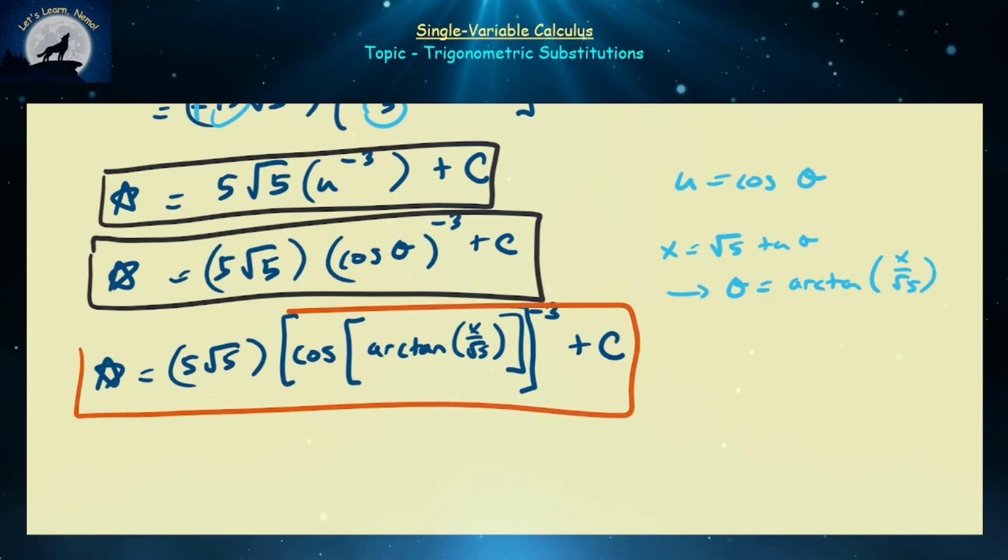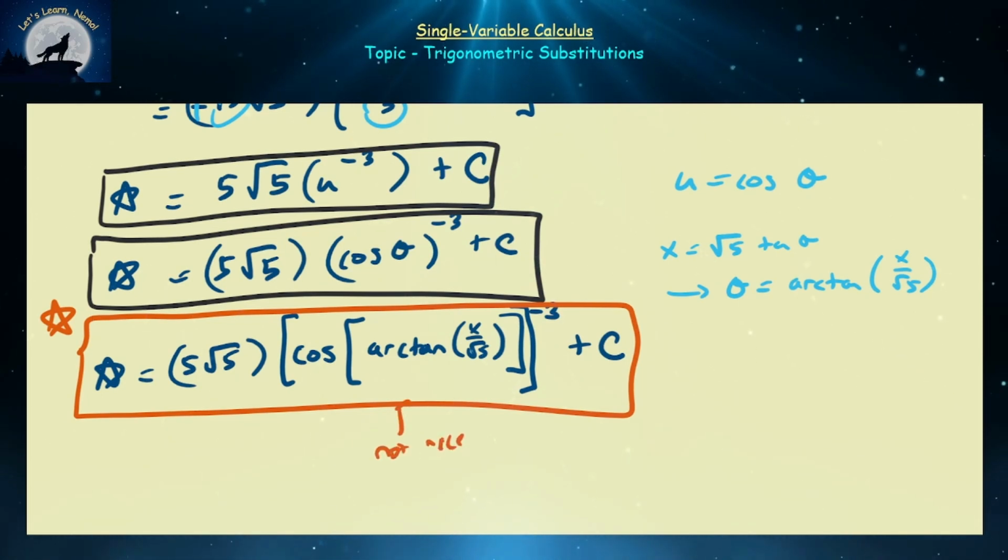Technically speaking, this is your answer. But it's definitely not the nicest of answers. Not nice. And if you took my recommendation and solved the original integral with u-substitution, then you probably did not get this answer. So the next question is, well, is it possible that we can write this in a nicer way?